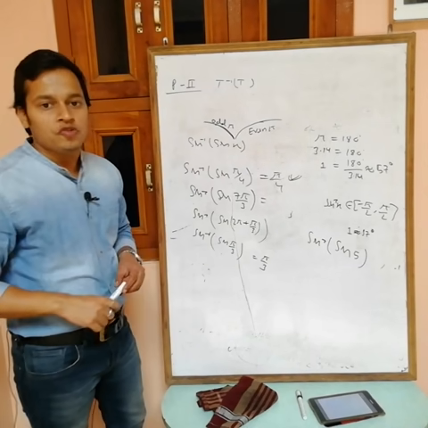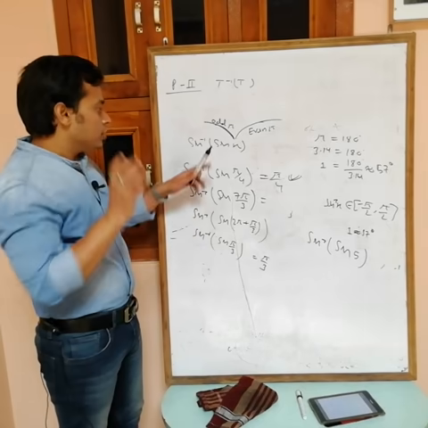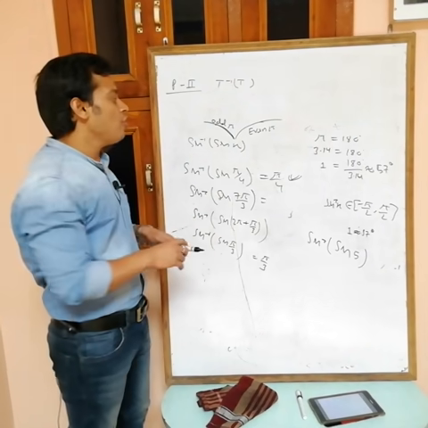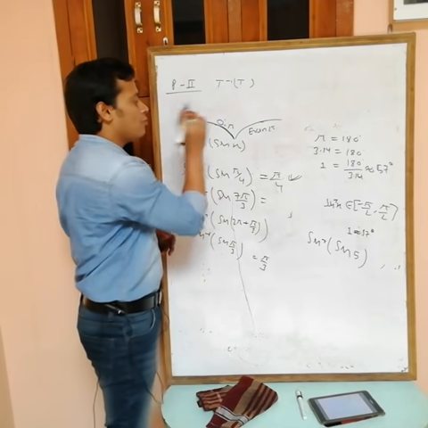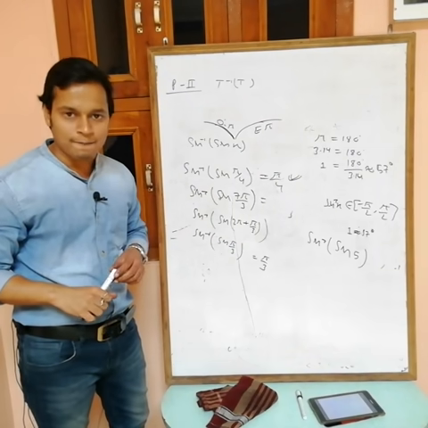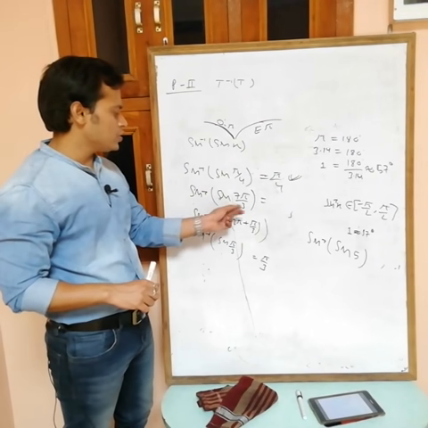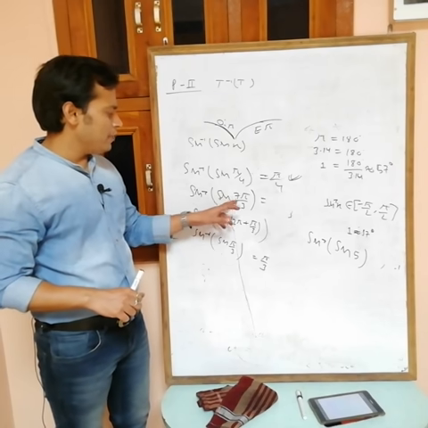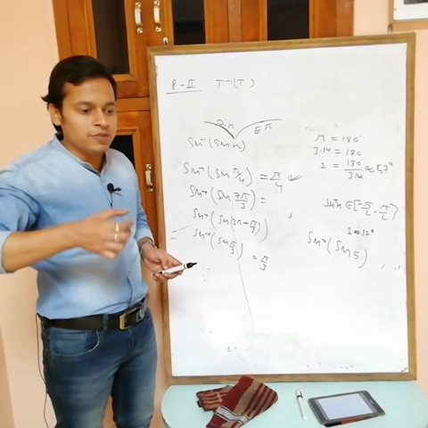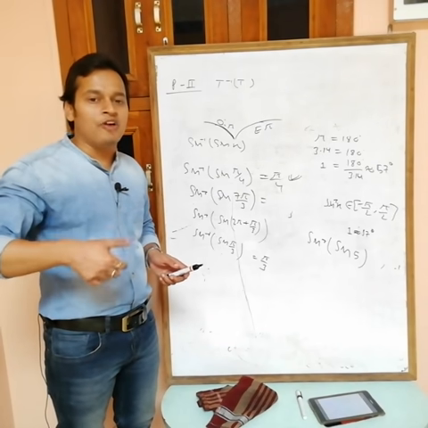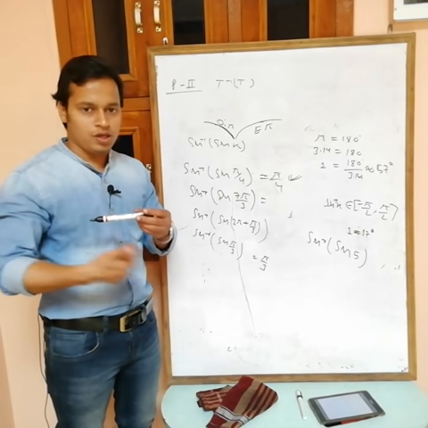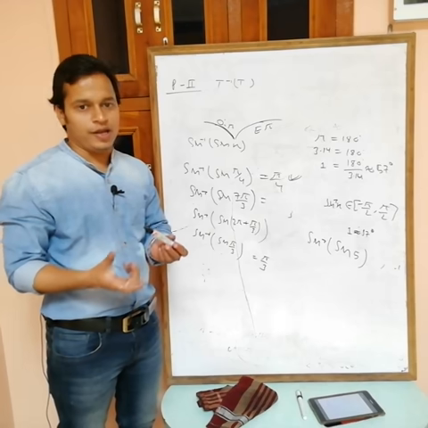For example, this one, 7 pi by 3, which is 2 pi plus pi by 3. Near to a multiple of pi means from before pi by 2 to after pi by 2, okay, like this.